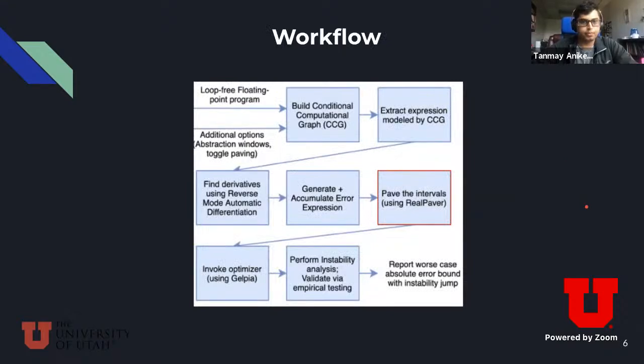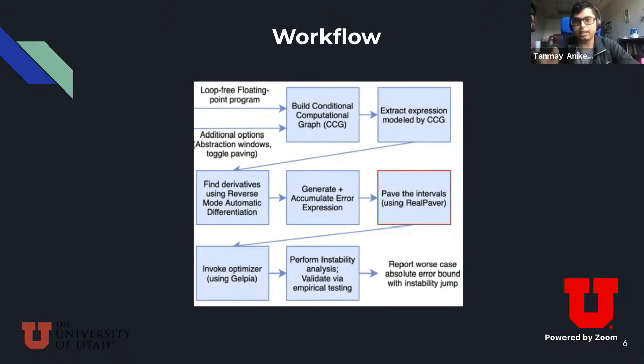Moving to the workflow. So the parser builds a conditional computation graph using the input from which Seesaw extracts expressions. Error from the nodes in the CCG is propagated upwards to the root of the computation graph using symbolic reverse mode automatic differentiation. Error expressions are generated and accumulated at the root node to get the final output error expression.